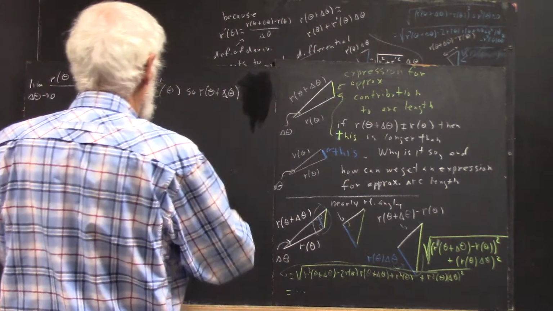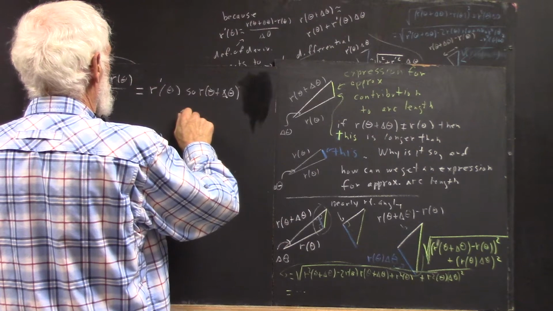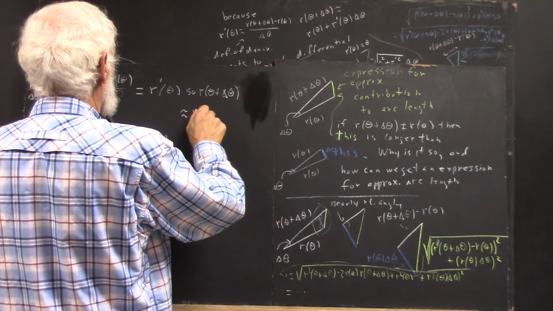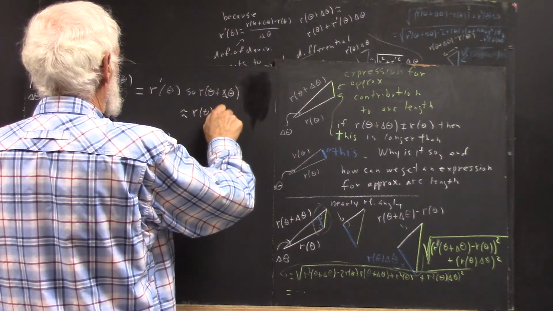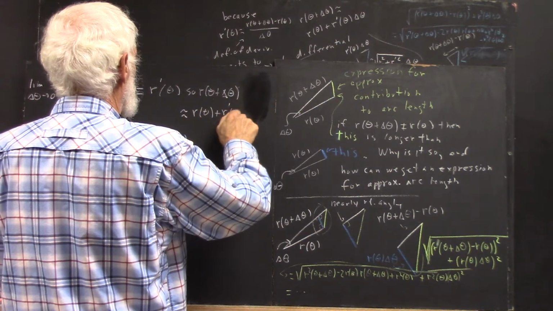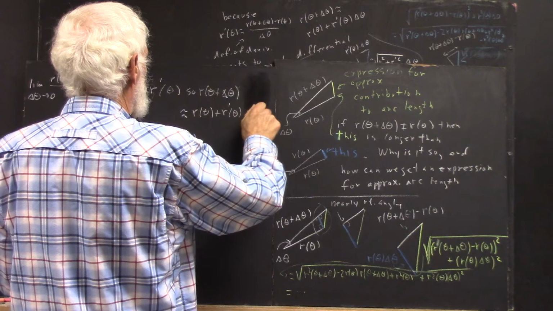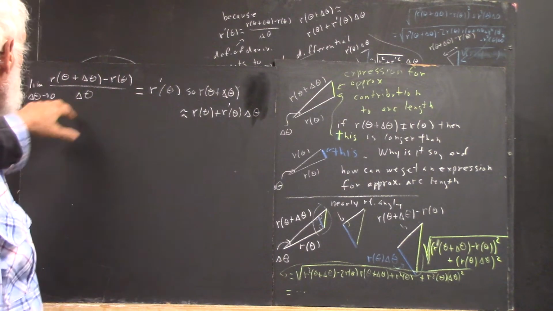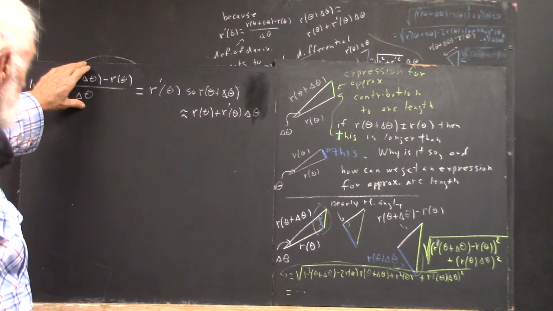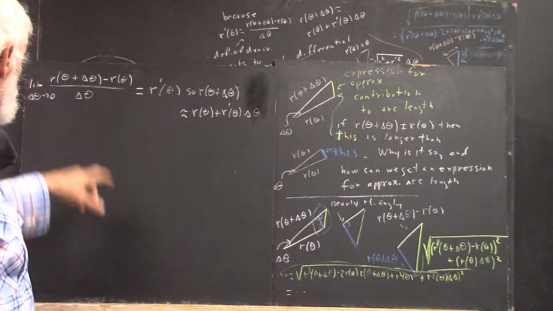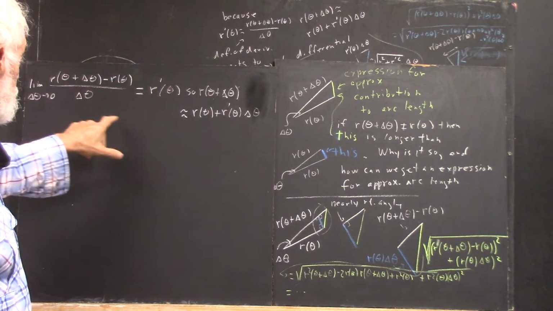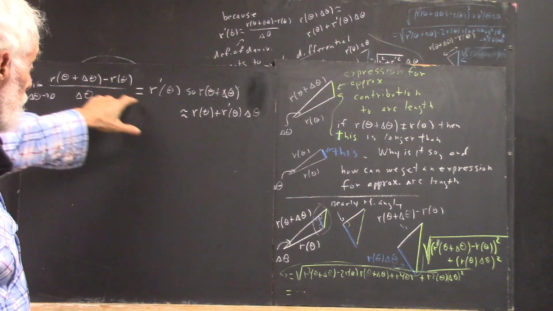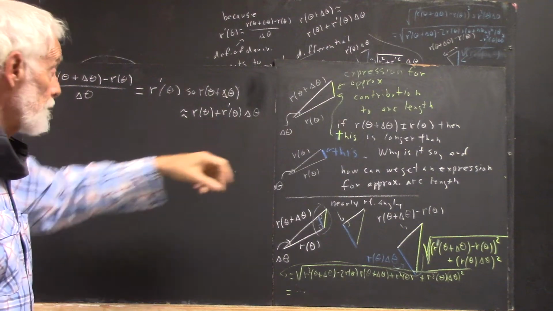I have to write it down here. R of theta plus delta theta is approximately equal to R of theta plus R prime of theta delta theta, because you can see that if delta theta is very small, this is very close to this. So that this minus this is very close to R prime of theta times delta theta. Add the R of theta to both sides, you get this.